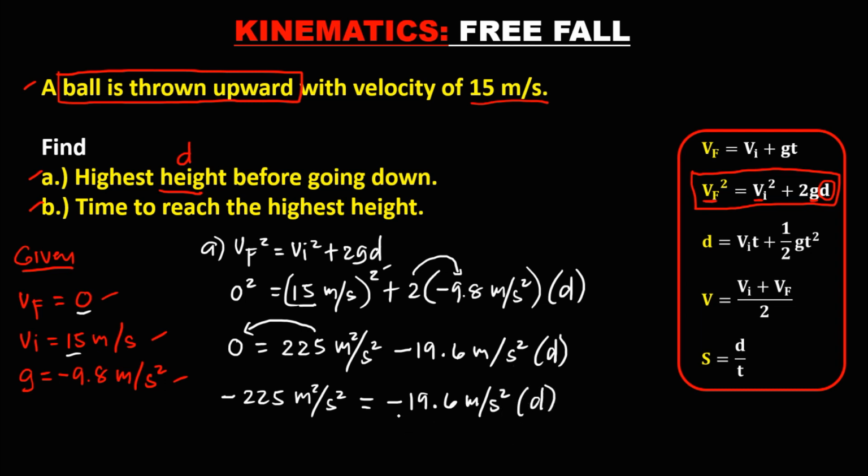Then to solve for the displacement, divide both sides by negative 19.6 meters per second squared.